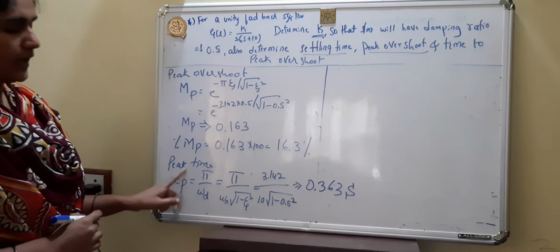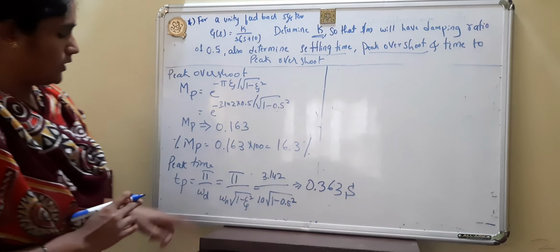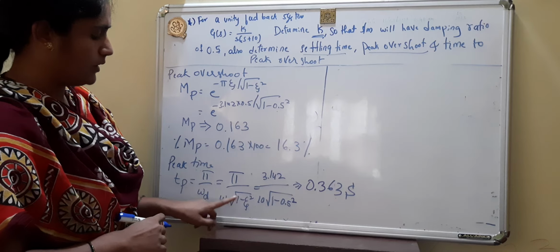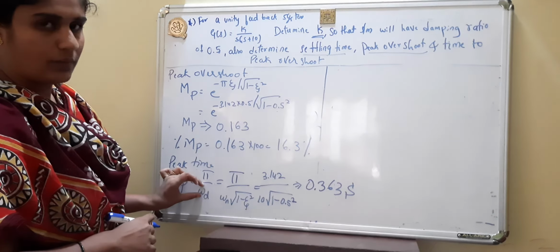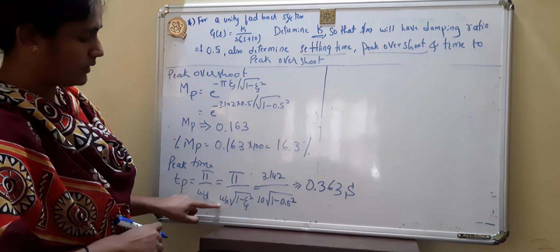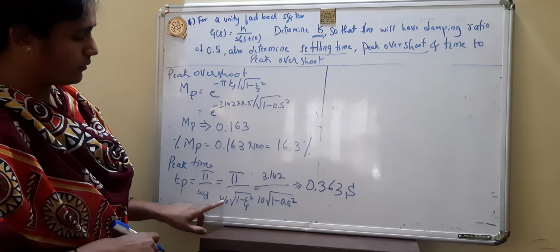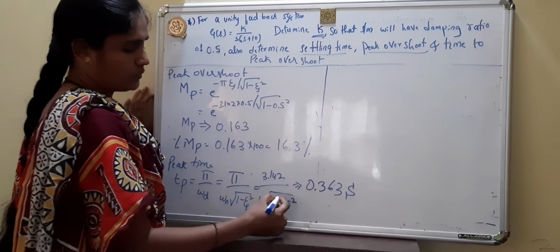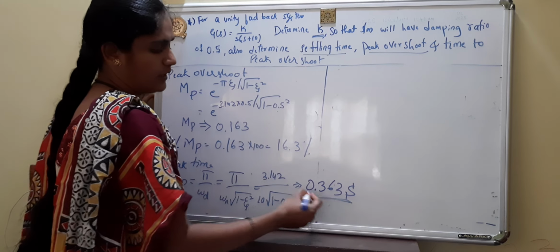This is peak time. Time we have to express in terms of seconds. Tp is pi divided by omega d, and we don't know exactly what omega d is, so we have to express omega d in terms of omega n and zeta. Omega d is equal to omega n square root of 1 minus zeta square. So 3.14 divided by 10 into square root of 1 minus 0.5 square. After simplifying, we will get the value.